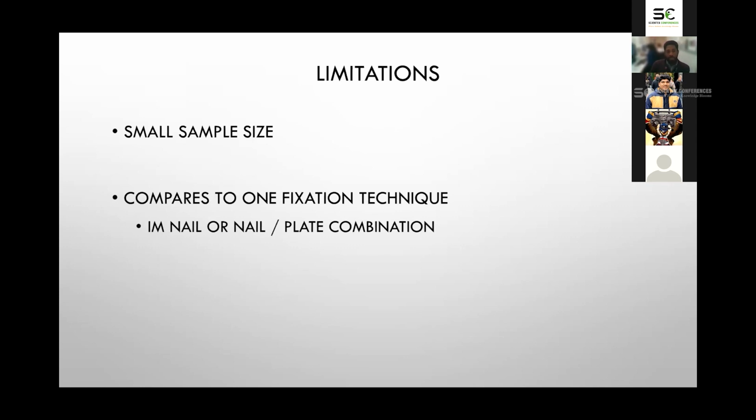The focus of the paper also only compared distal femoral replacement against plate fixation, and, as I mentioned before, new technologies are allowing surgeons to encourage earlier weight bearing, but also use nail and plate combinations to aid fixation.